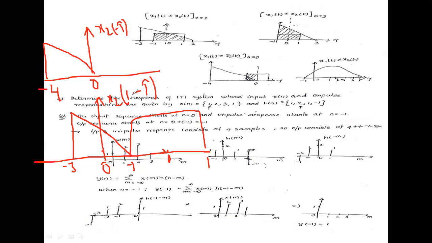Here we'll get 1 at a is equal to 0. The overlapping occurs here.